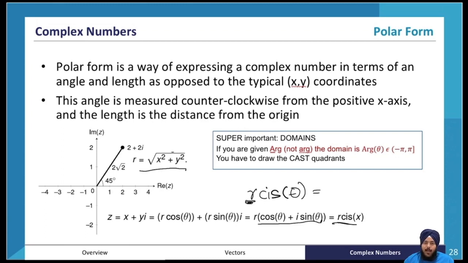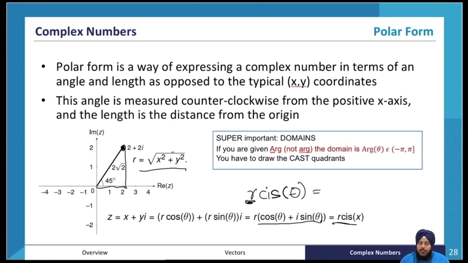Theta is the hardest part. Theta is the angle that the complex number makes with the real axis, and the way that I like to think of it is using triangles. We have 2 plus 2i here as an example. We will always have an x component and a y component. If you've done methods, think of it like circular functions on the unit circle.